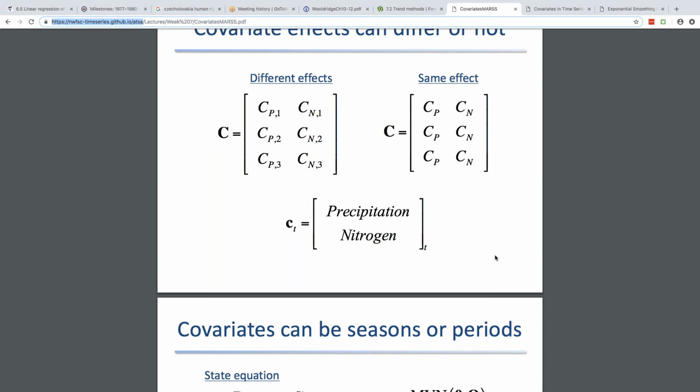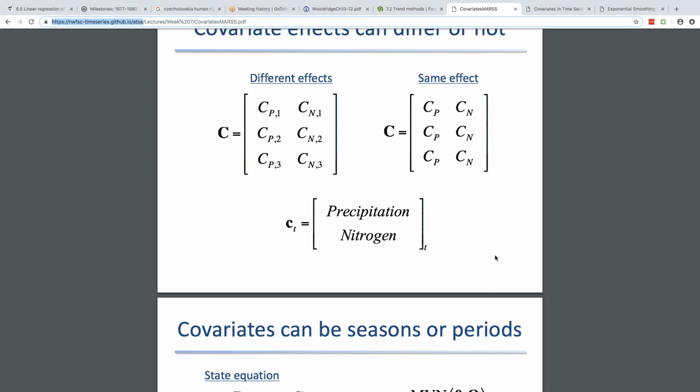Okay, so it's affecting our density of phytoplankton, and we have 3 different phytoplankton, say, populations that we're monitoring, and we could set up our C matrix like this, and what we would be saying is that in each of these 3 populations, precipitation and nitrogen have the same effect. The size of that effect is the same.